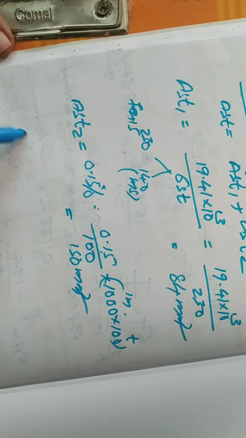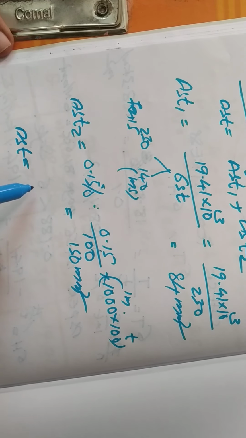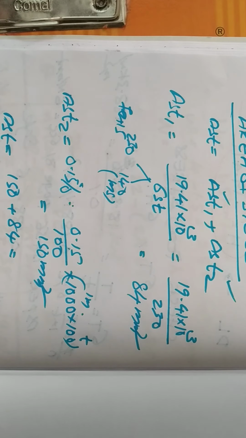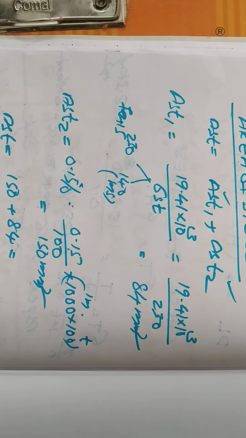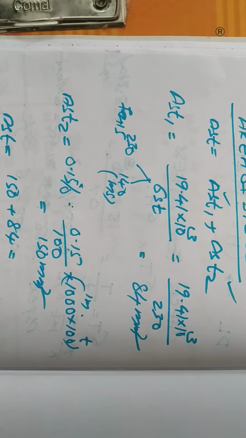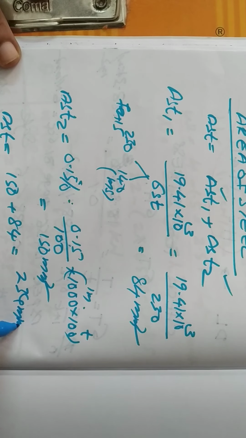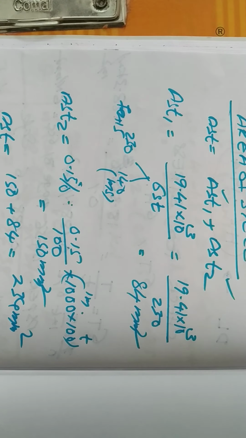So the total AST is equal to 150 plus 84, so this is equal to 234 millimeter square.